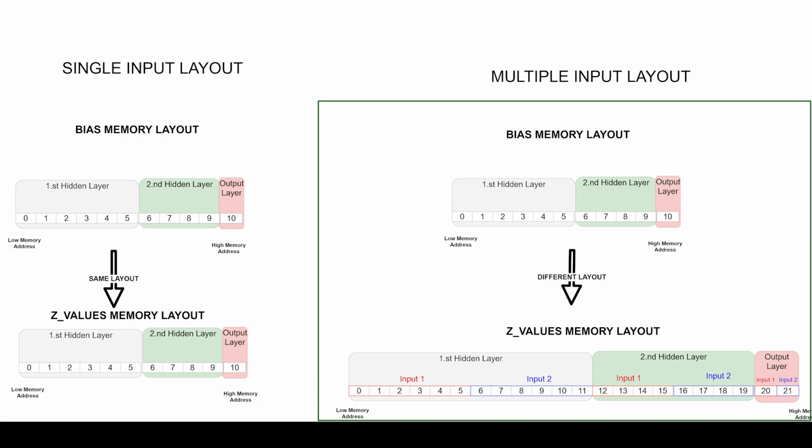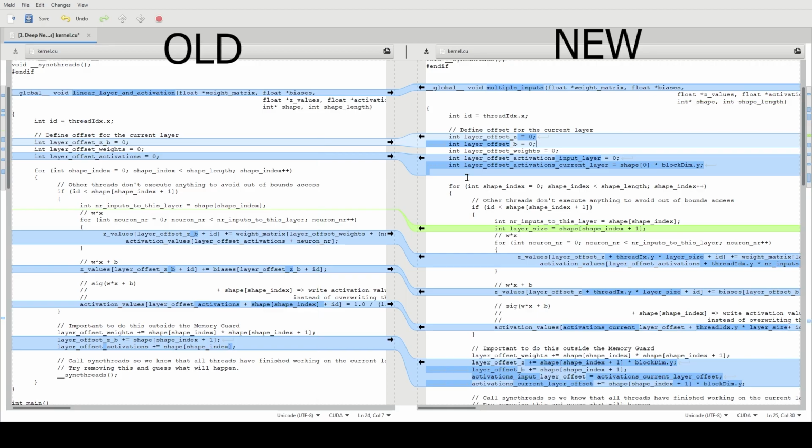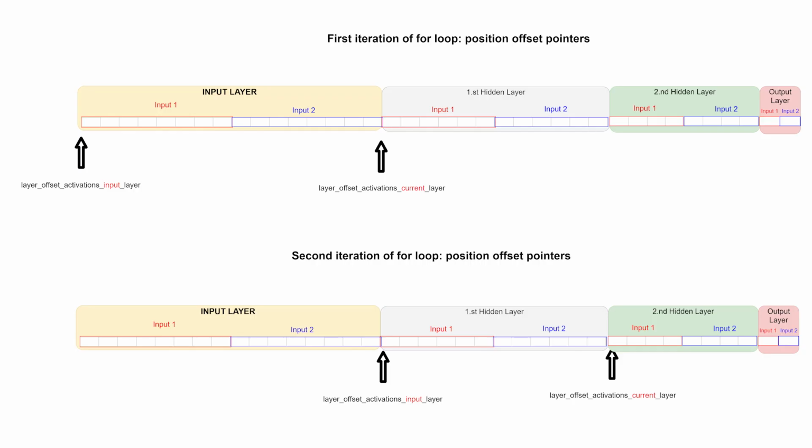Also, for convenience, we will add an offset for the activations which will be fed into the current layer, and another offset for the activations the current layer will produce. The variables only take care of indexing into the correct layer, but they don't take care of individual inputs or neurons.